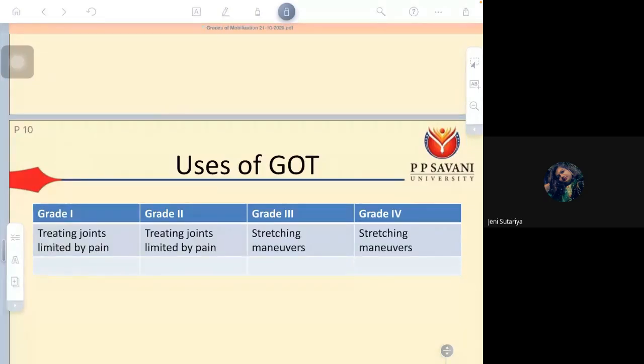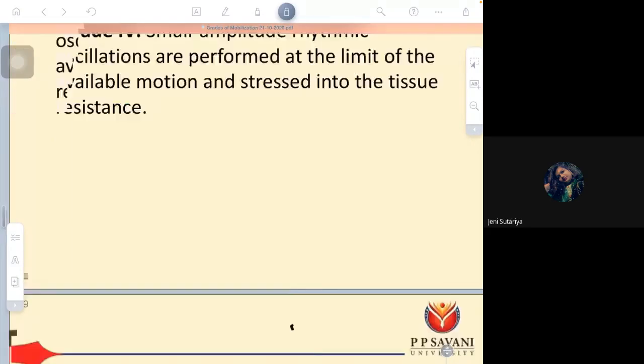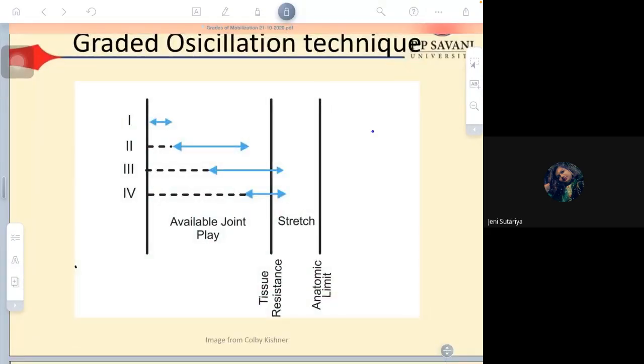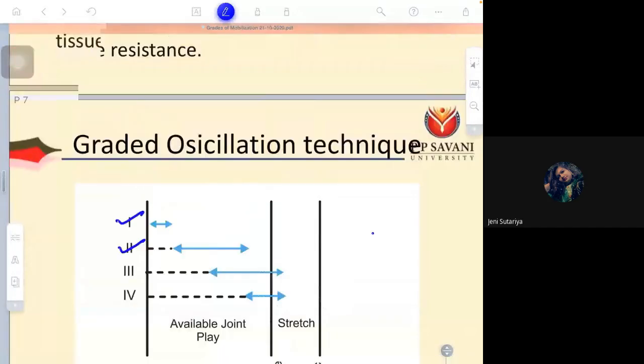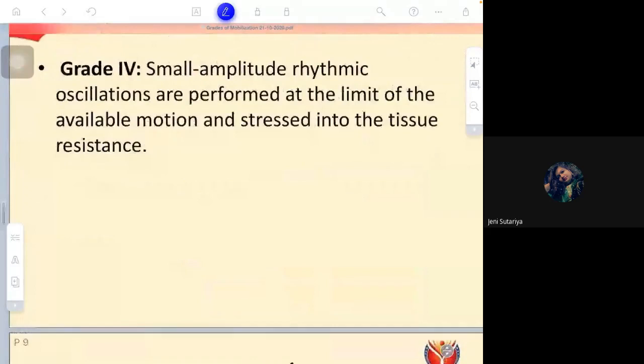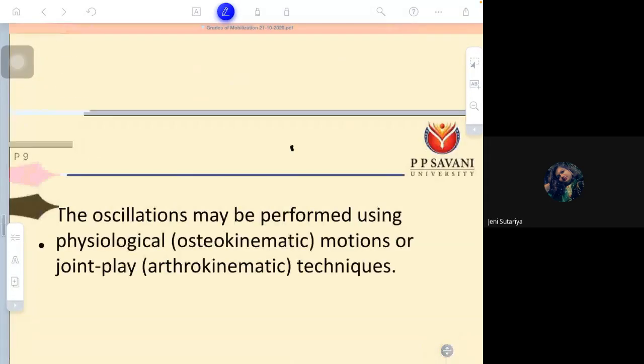Grade 1 and grade 2, these are the first two grades. Already we discussed that it can be applied in two ways.